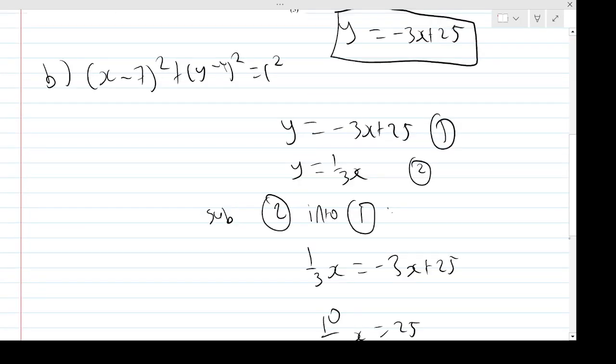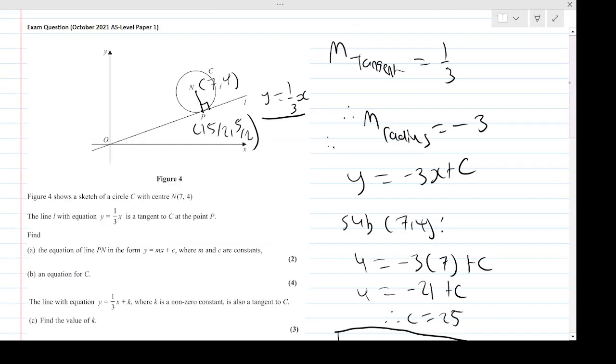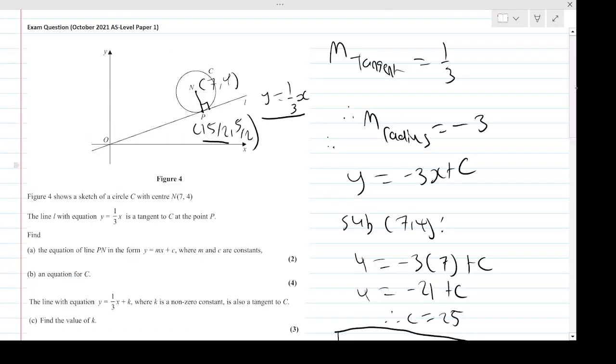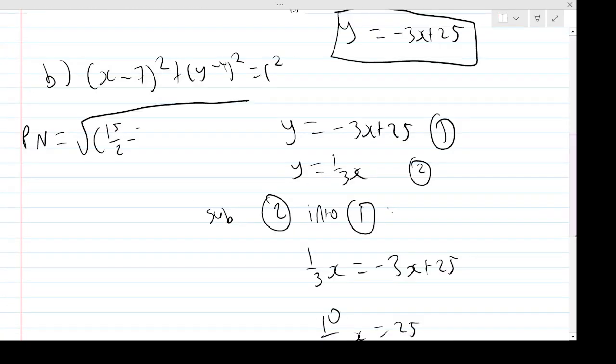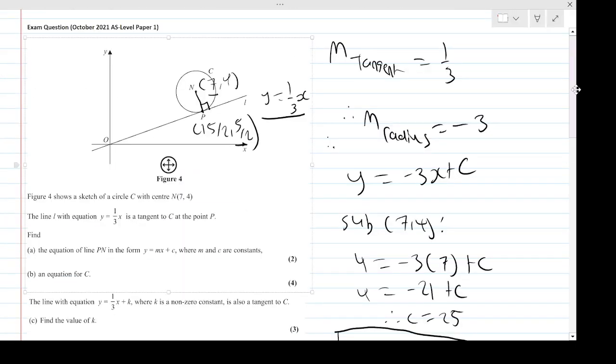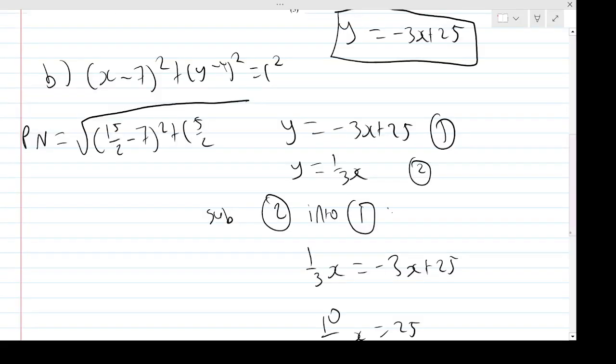Now I know the points P and N, so I can find the distance PN, and that gives me the radius. The distance PN is the change in x between P and N. Let's take x here, so 15 over 2 take away 7, all squared. Then we add the change in y, so that was 5 over 2 at P, sorry, yes, 5 over 2, take away 4, the y value at N, all squared.